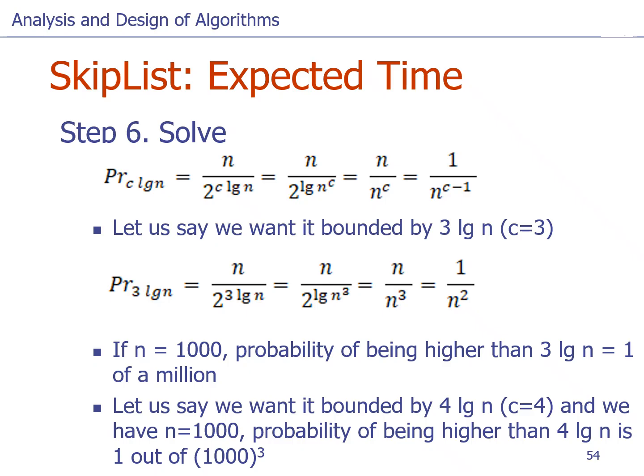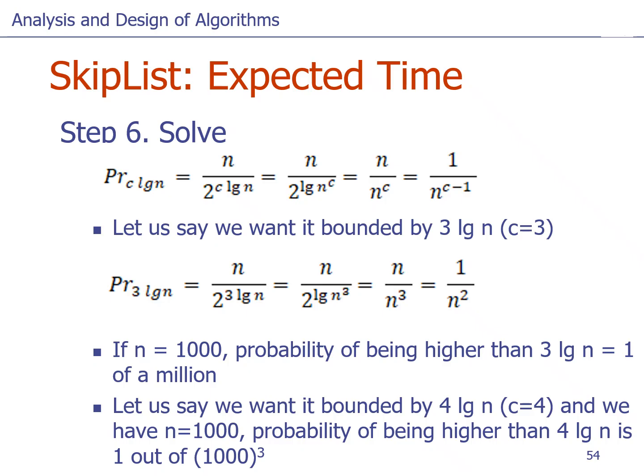So if we have 1,000 nodes in the linked list, we're talking about the probability of at least one element going upward all the way to a height of 3 log 1,000. Substituting in the values here, it's going to be 1 over n squared, that's 1 over 1,000 squared, that's 1 over a million.